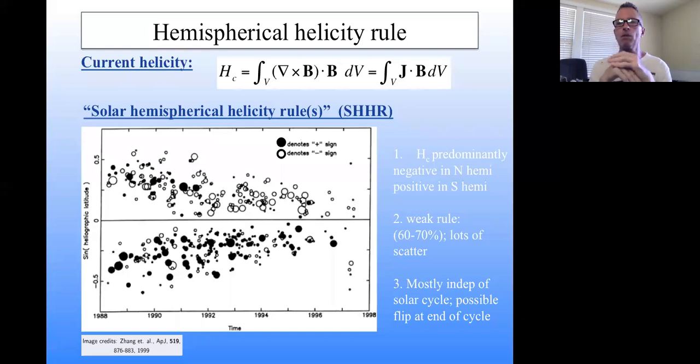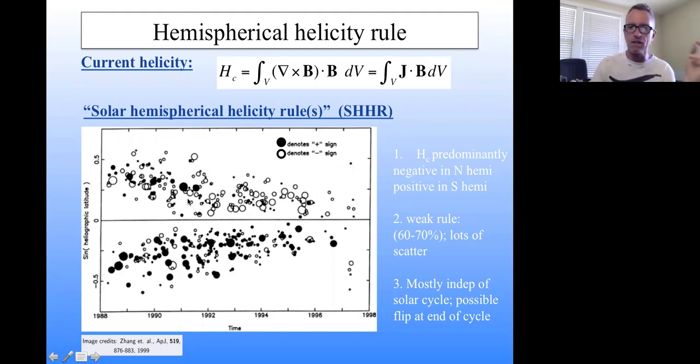The helicity is predominantly negative in the northern hemisphere and predominantly positive in the southern hemisphere. As you can see from this plot, the dark circles are positive and the light circles are negative. In the northern hemisphere, there are more light circles, but there are some dark circles. So it's not an exact rule. There's certainly scatter about this rule.